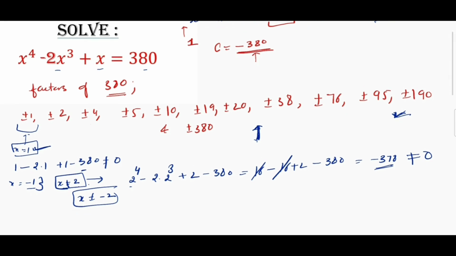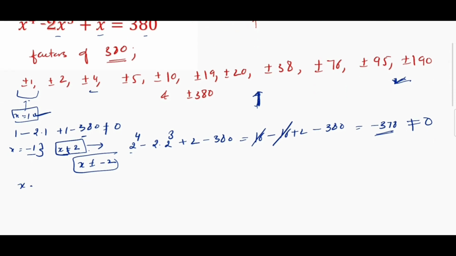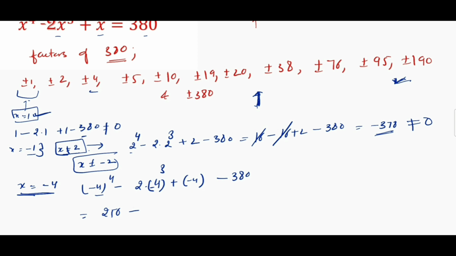Now we'll put x is equal to minus 4. If we put this value, we'll get negative 4 raised to power 4 minus 2 times negative 4 raised to power 3 plus negative 4 minus 380, which is equal to 256. This is negative, sorry. So this will become plus here, 128 minus 4 minus 380.